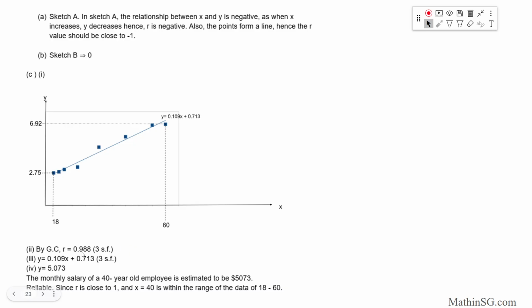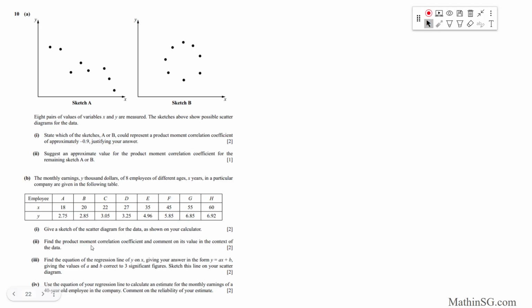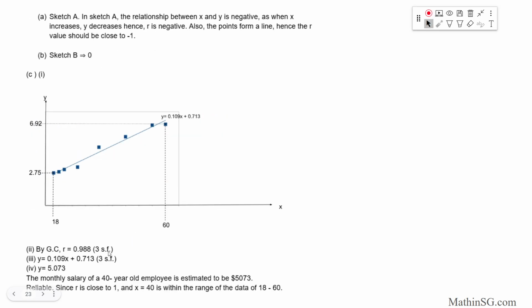What we get from the GC is R equals 0.988 when rounded off to 3 significant figures. Comment on its value in the context of this data. So we know that 0.988 is very close to 1, right? So it's a good fit. There's a good fit in linear relationship between X and Y.